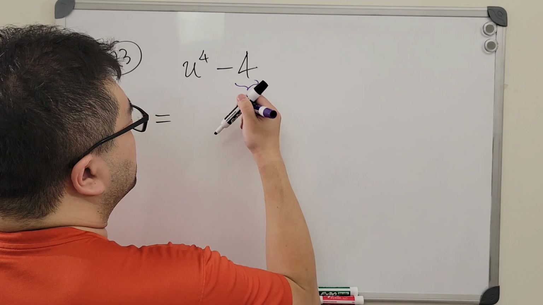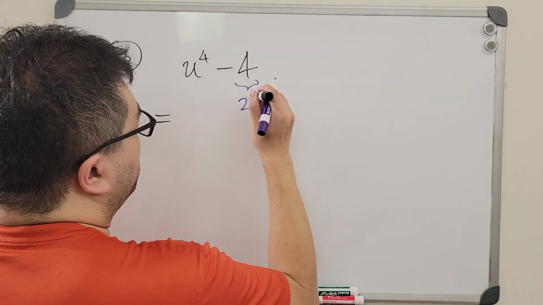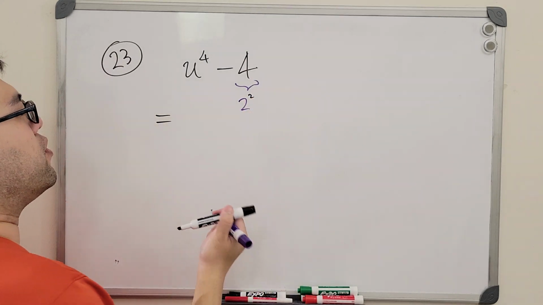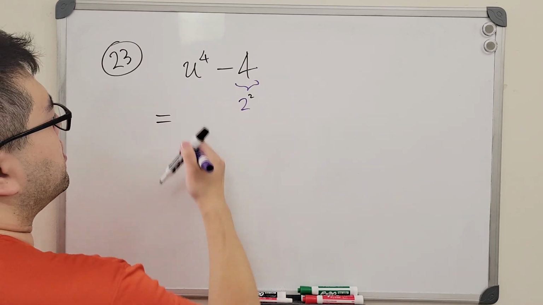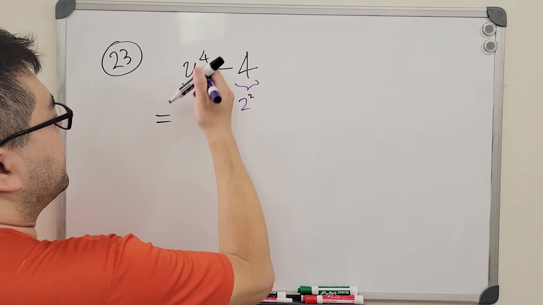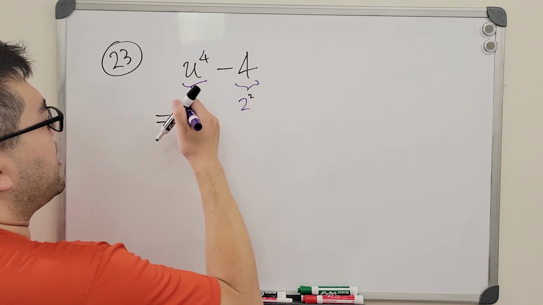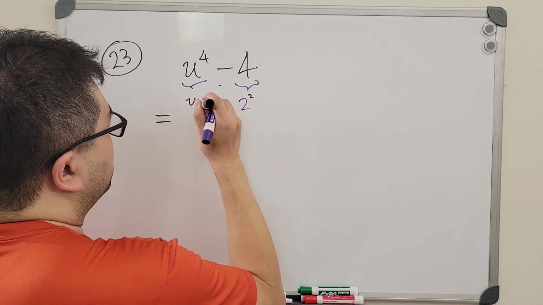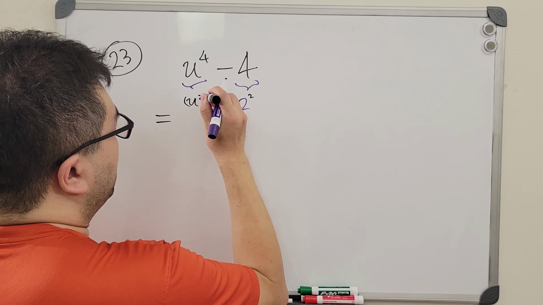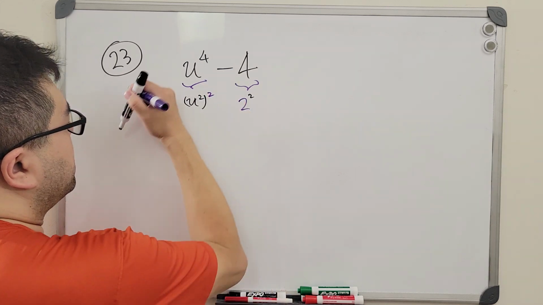It is, because 2 times 2 is 4, or 2 to the 2nd power is 4. So in fact, 4 is a perfect square. And as we just said, if we have the 4th power, we can rewrite it as a 2nd power to the 2nd power. So this is the same as u squared to the 2nd power.